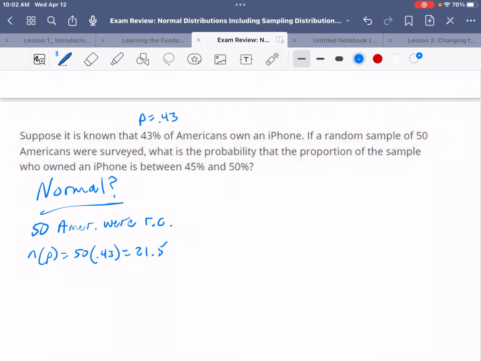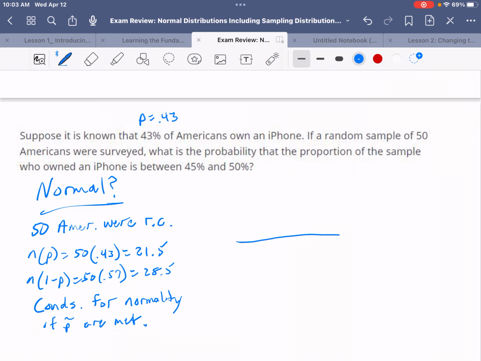If we randomly chose 50 people, we would expect about 21 to 22 of them to own an iPhone. N times 1 minus P is 50 times 0.57, which is 28.5. If we randomly selected 50 people, we would expect 28.5 of them to not own an iPhone. The conditions for normality of P hat are met.